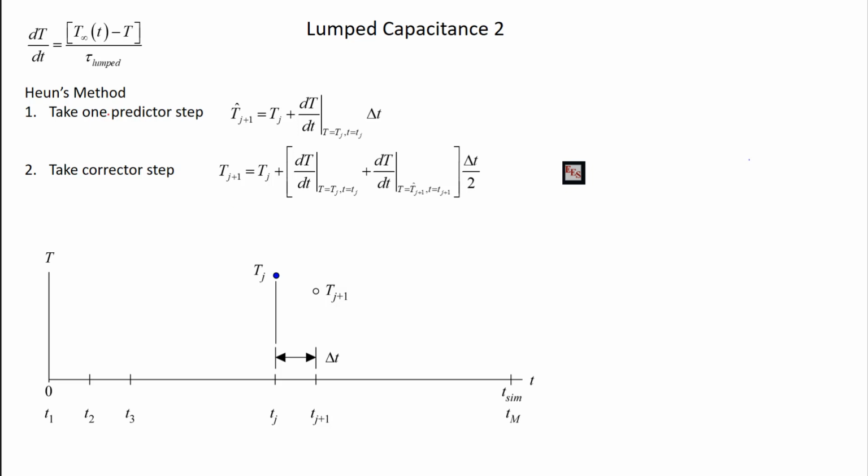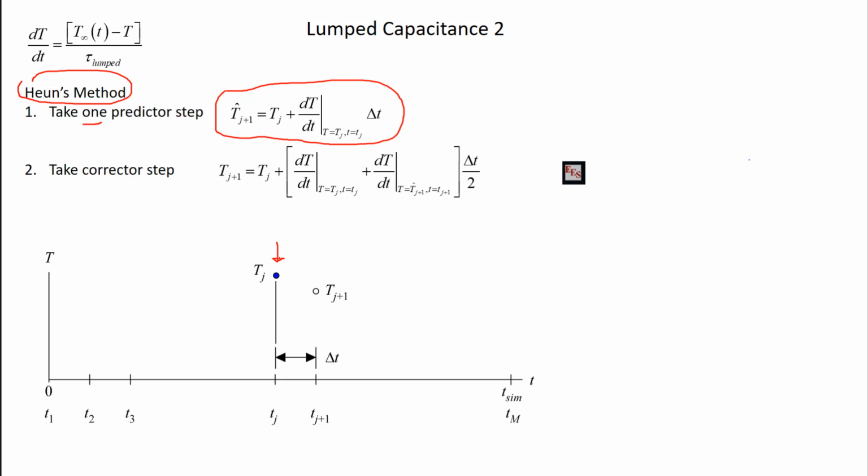The simplest possible predictor-corrector technique is Heun's method here, and it consists of only taking one predictor step and then the corrector step. That predictor step is given here. It's just an Euler step. So if I'm coming into this time step, my predictor step is, let's calculate the time rate of change here at the beginning of the time step.